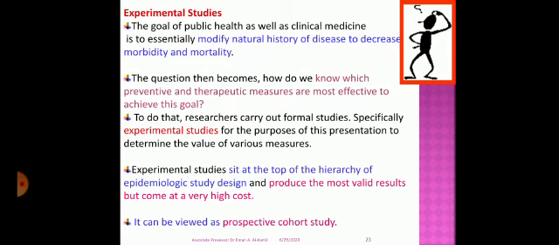Experimental studies sit at the top of the hierarchy of epidemiological study design. They are the best studies if we compare them with other epidemiological studies, because they produce more valid results, but the drawback is that they are very expensive.